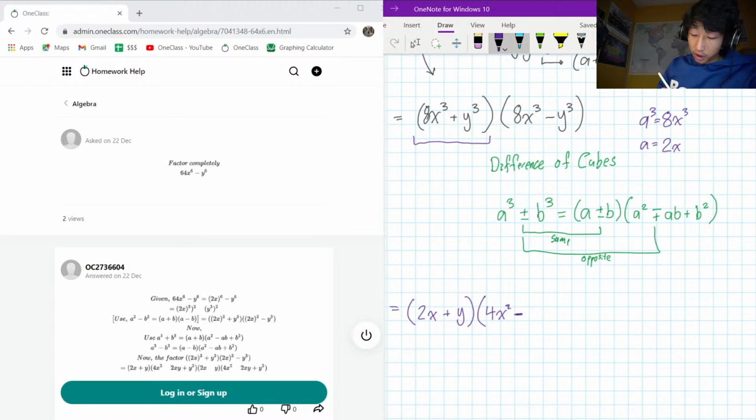And a is 2x, b is y, so 2xy plus b squared, and that's just y squared.